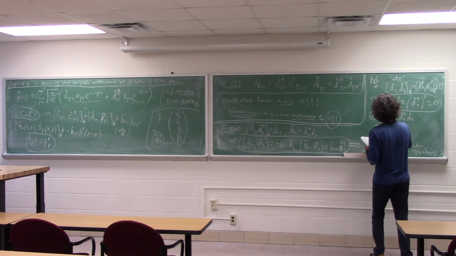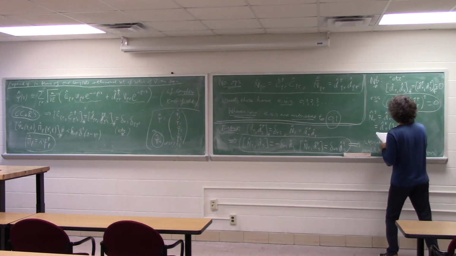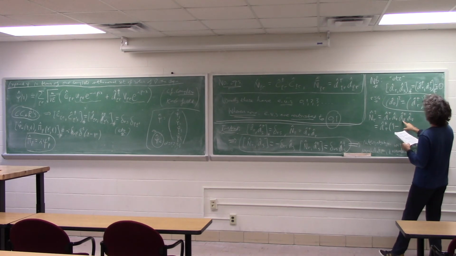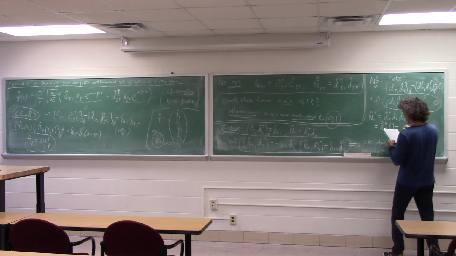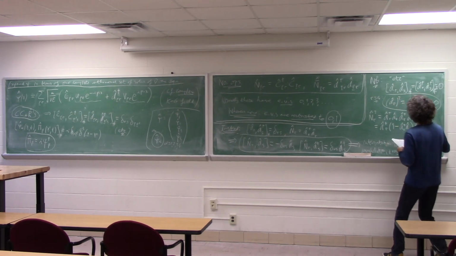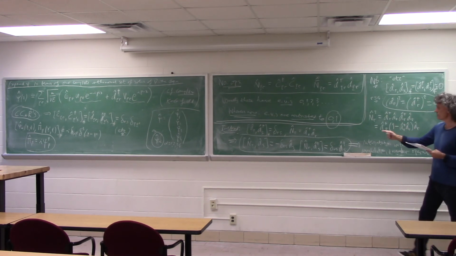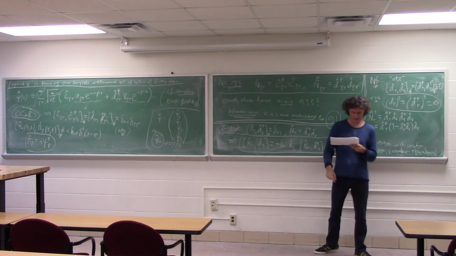So I can write this middle term, A A dagger, as 1 minus A dagger A. I just swapped the order of the middle terms and used this anti-commutation relation.